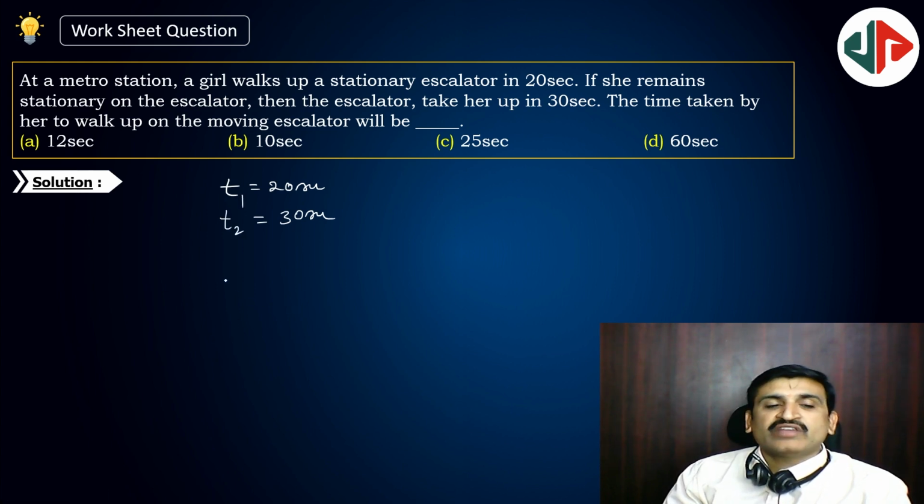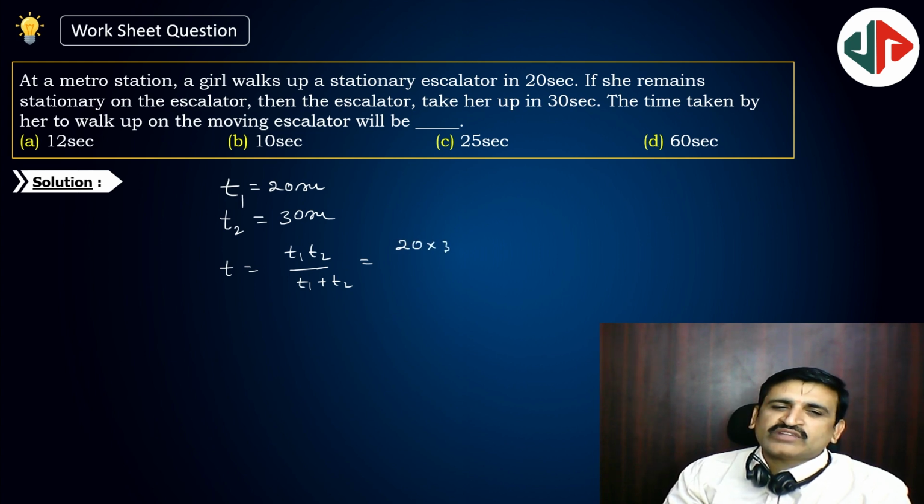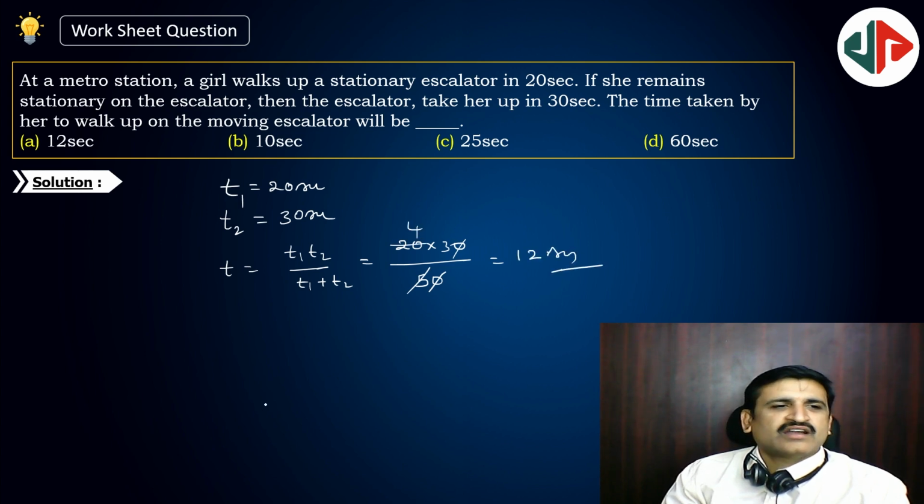If it is on a moving escalator, then T is equal to T1 T2 by T1 plus T2. Standing alone on the escalator takes 30 seconds, and if you climb it, 20 seconds. So if you are climbing on a moving escalator, it is 20 into 30 by 20 plus 30, which is 12 seconds.